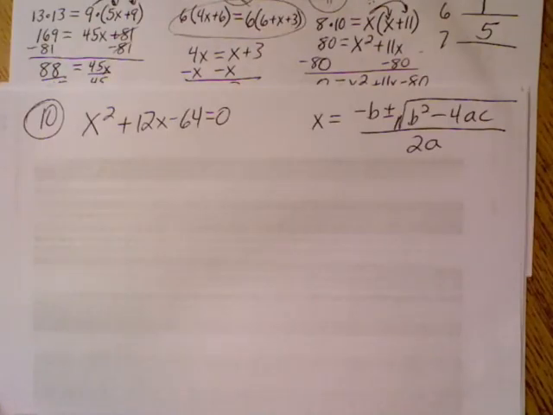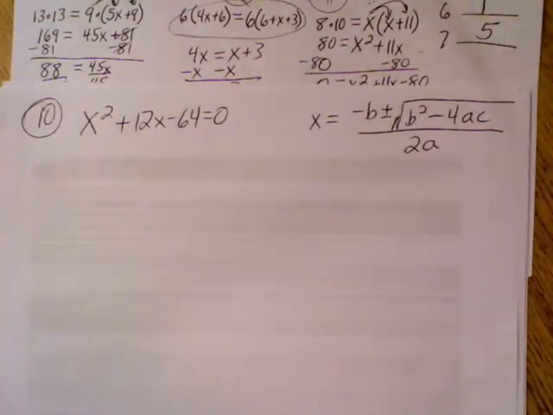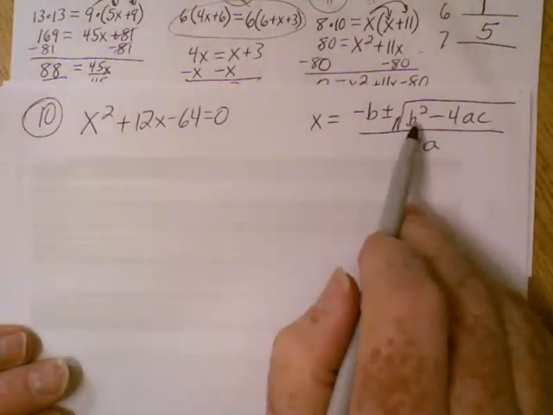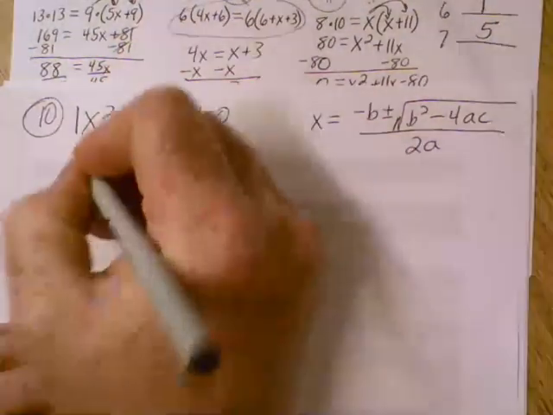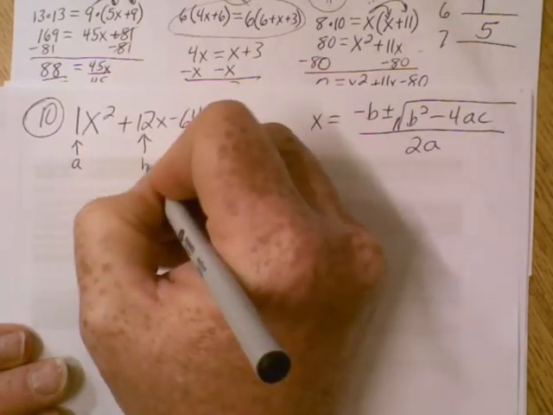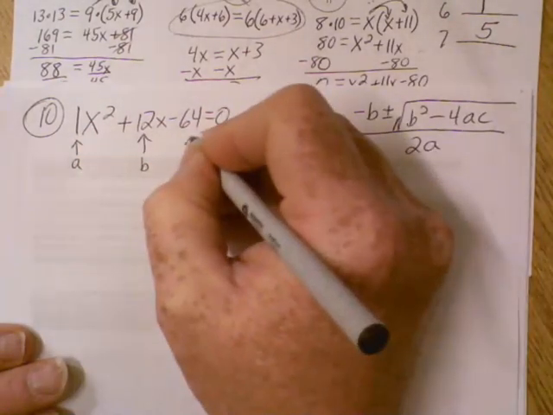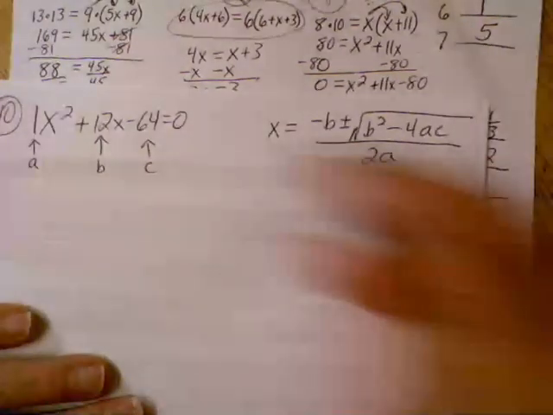All right, so I rewrote this on another sheet of paper. Again, I turned it around just to make it a little easier. I'm going to use the quadratic formula on this one. Remember that that's a 1 in front of that x squared. That's our a, so a is 1. B here is 12, and C is negative 64. And I'm just going to plug those in.